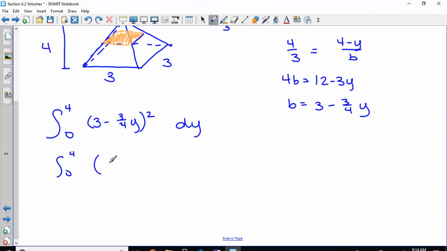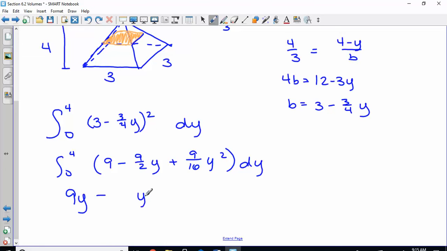So if I FOIL that out, we get 9 minus 9 over 2 y plus 9 over 16 y squared. So antiderivative, we get 9y minus 9/4 y squared plus 3/16 y cubed.